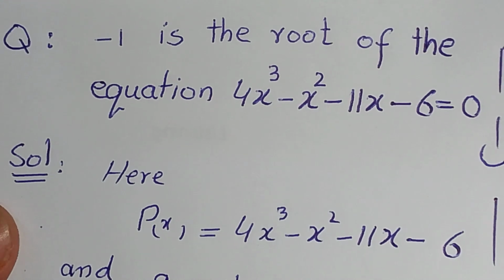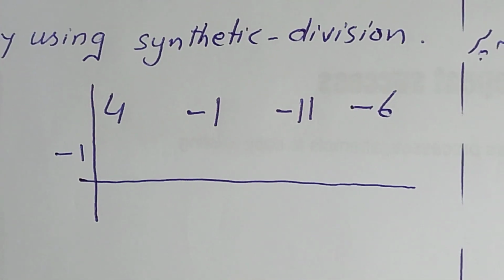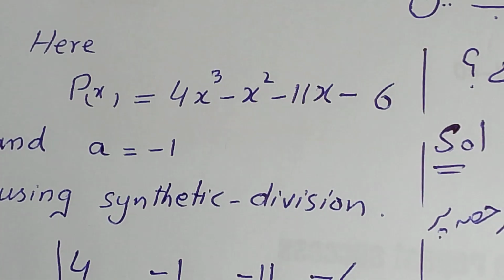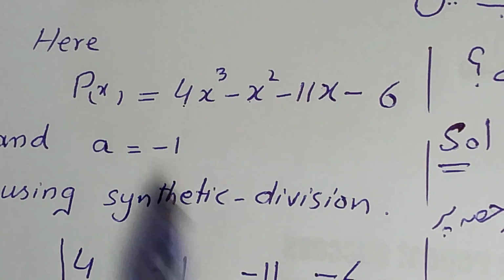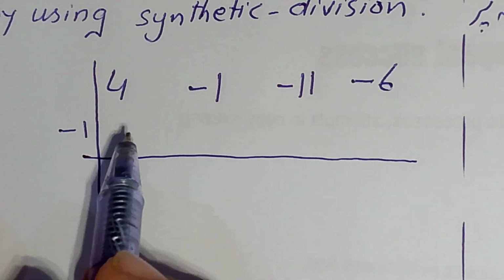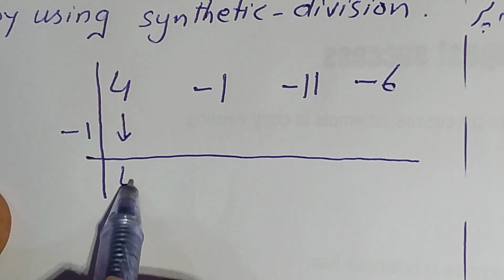We will divide this whole value with this one. Look here, we have taken coefficients from here, here, here, and here, and we are dividing with this root. So look here, we will write this one as it is here.